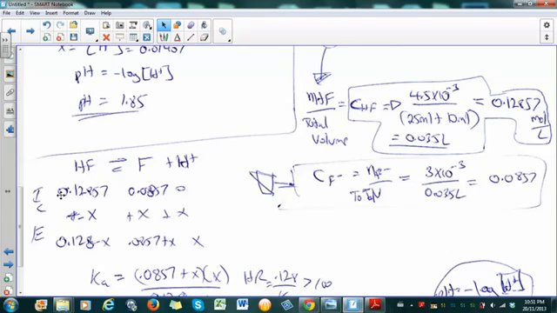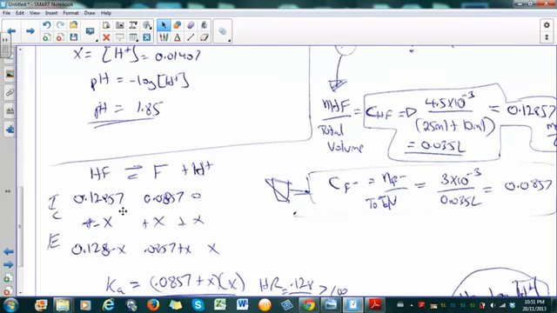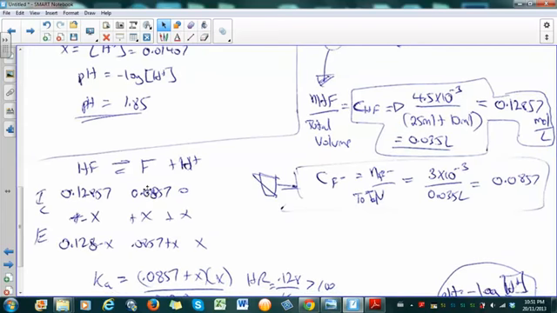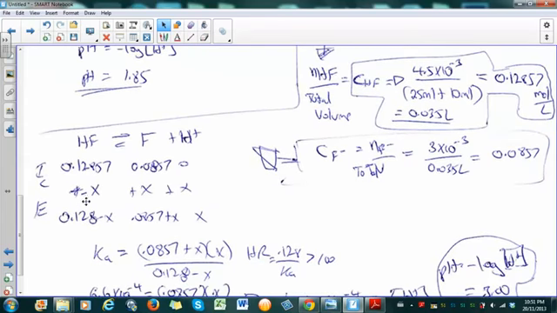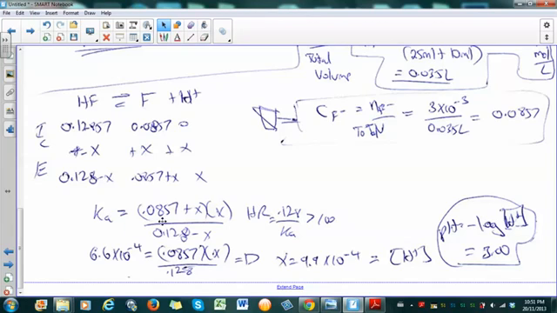So now we go over here, and we have basically the same ICE table: HF goes to F minus and H plus. Initial is now these two numbers that I have here and here. Then you have minus x, 0.128 minus x, 0.0857 plus x, and x. Ka is equal to this times that over this number.